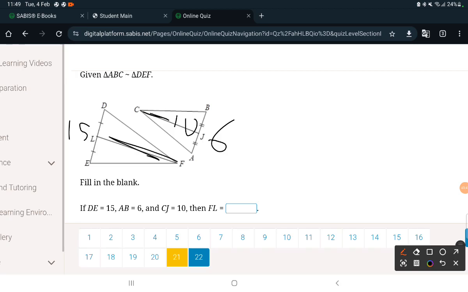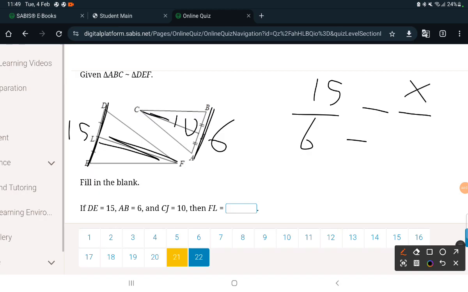And FL looks like a median. AB looks like a base. DE looks like a base. So we could clearly see that 15 over 6 is equal to FL, we could also just call that x, as I'd like to do, over 10.